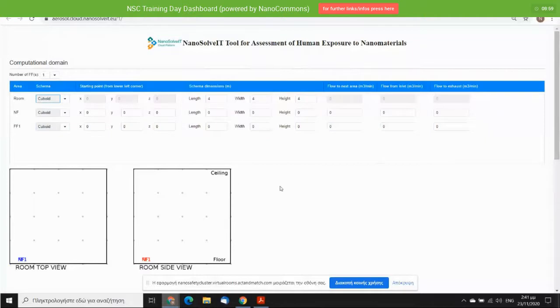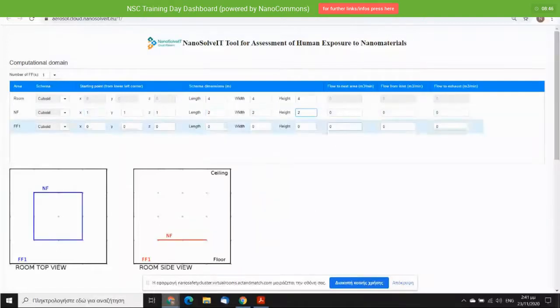So for our first example, I'm going to use a starting point of 1 for the NF and a schema dimension of 2. For the flow to next area, to FF1 actually, I will put 10. And for the FF1, I'm going to make it the entire room.